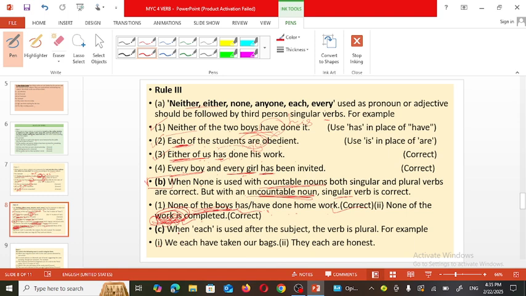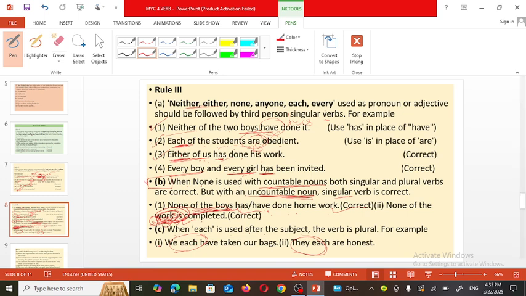Next rule: when each is used after the subject, then the verb is plural. We each means everyone. We each have taken 4 bags. They each are honest. We each have taken 4 bags.